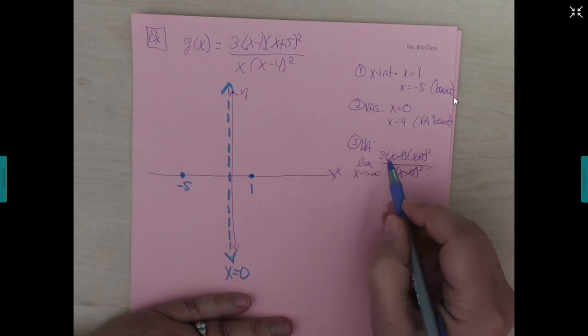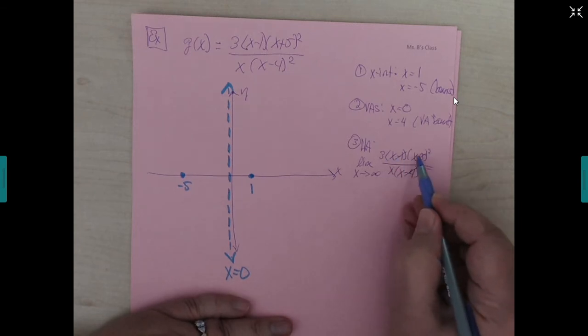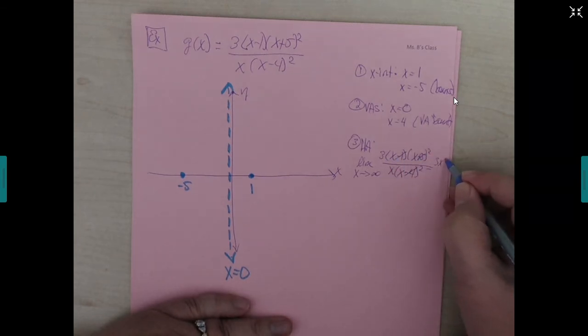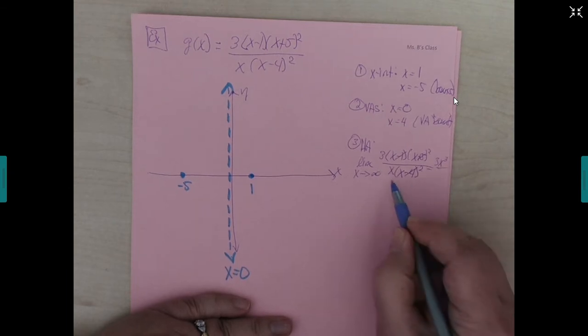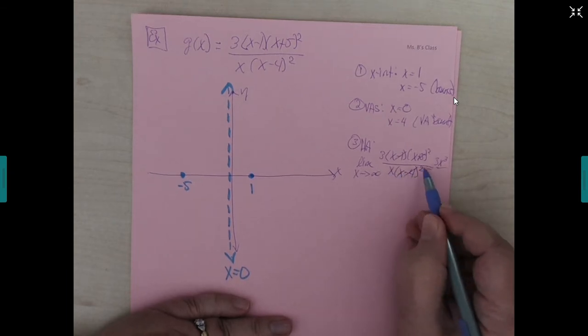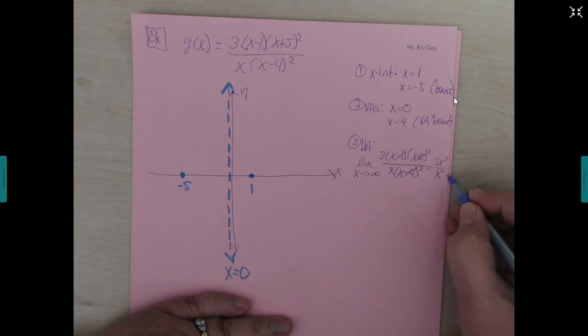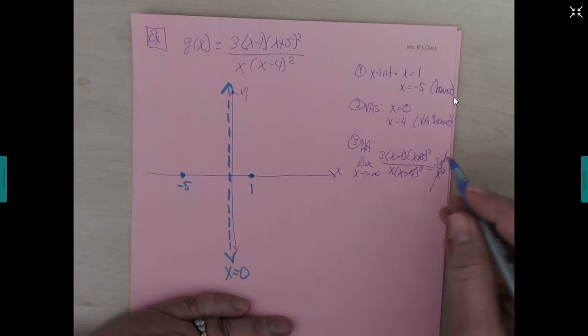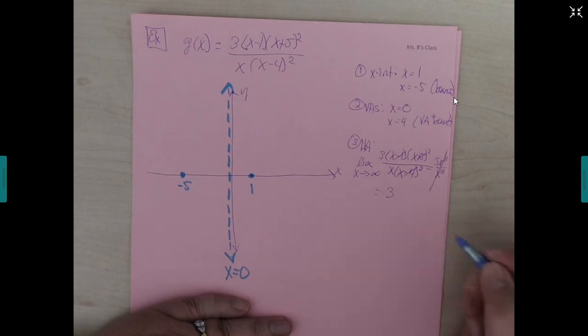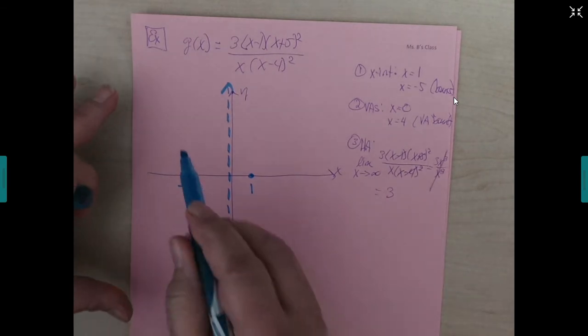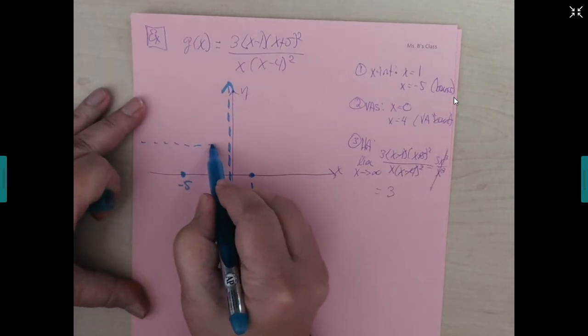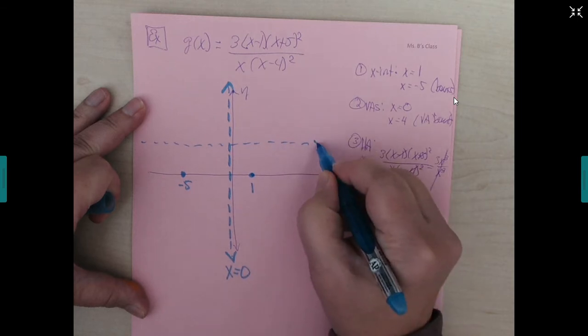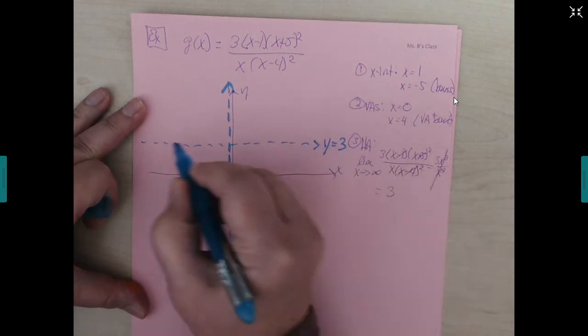So this becomes 3 times x squared, which is 3x cubed. And this becomes x times x squared, which is x cubed. The x cubed over x cubed, remember, any number divided by itself equals 1. So 3 times 1 equals 3. So you will have a horizontal asymptote somewhere here at y equals 3.